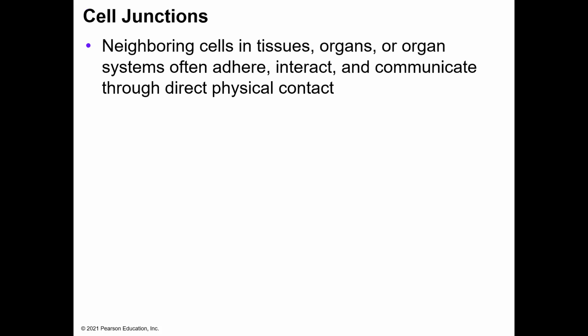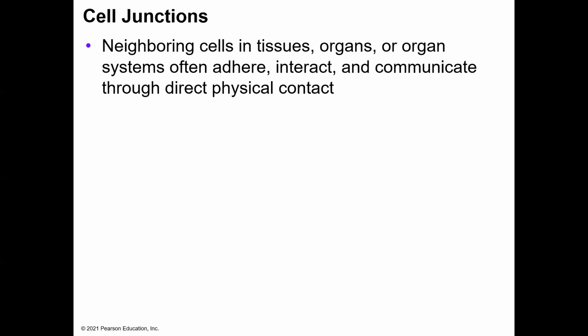So plants and animal cells are built in different ways, in that plant cells have the cell wall, but they're directly touching the next cell. And animal cells have direct cell touching through the extracellular matrix.